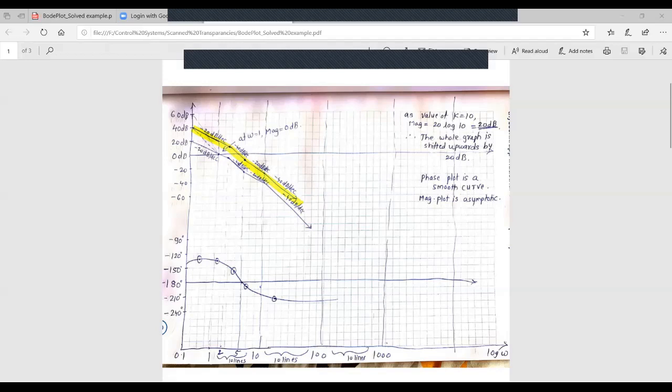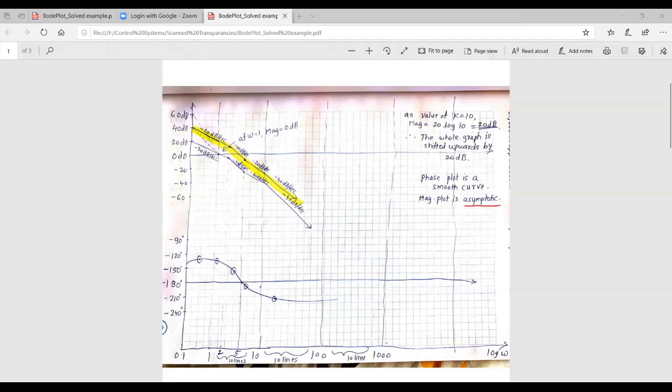Now, why is this called asymptotic? You remember the definition of asymptotes in root locus. Asymptotes are the lines which go to infinity, right? So in this case, what is the significance? Suppose we have one factor and its effect runs up to this point. If another factor hadn't been there, this line would have continued up to infinity, but due to another factor which started contributing at this value, the slope changed.